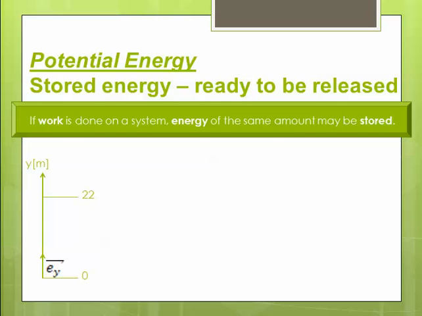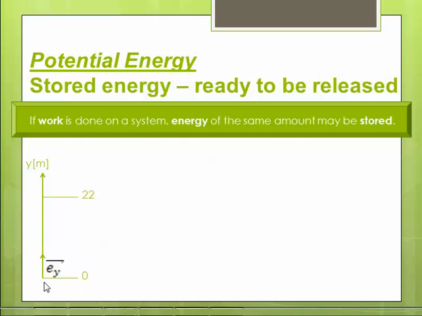In the last example, we've done work by lifting the body from 0 to a height of 22 meters. So we've done work on the body and then we've stored this work as energy. It is potential energy, just stored until we are ready to release it.